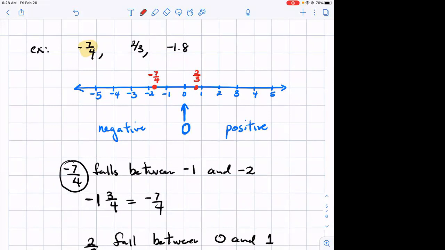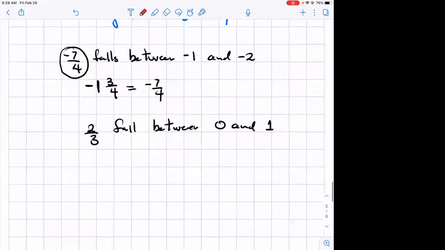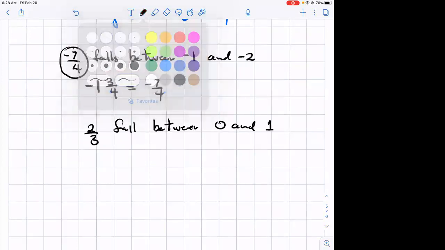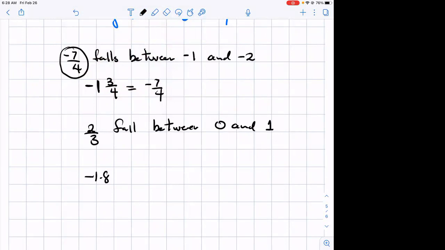And -1.8 is very, very close. -1.8 falls between -1 and -2.